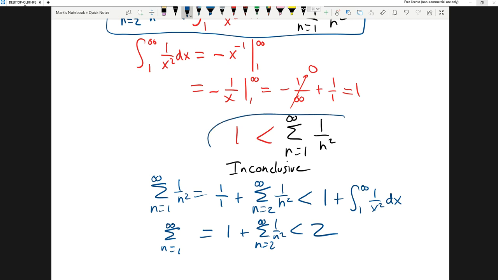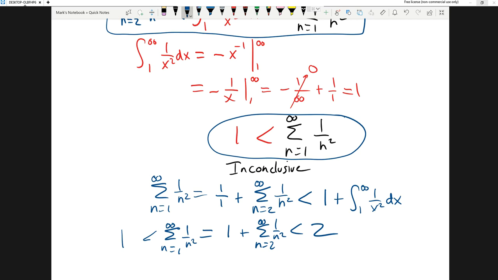But remember, again, that was the sum from 1 to infinity. And so now we have two inequalities. We know that the sum of 1 over n squared is bigger than 1, but we also know that it's less than 2. So by comparing the sum to an integral, we've actually done two things. We've determined an upper bound, the sum is less than 2, and a lower bound, the sum is greater than 1.